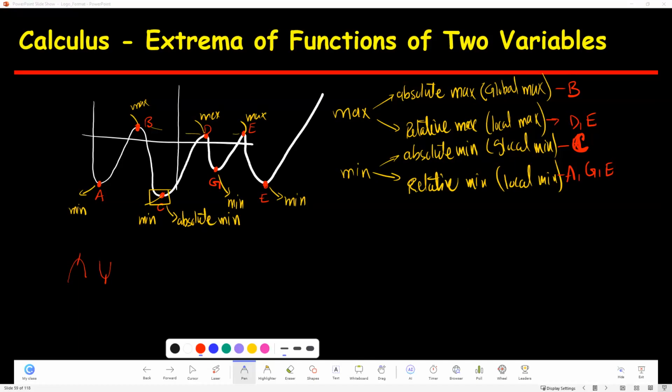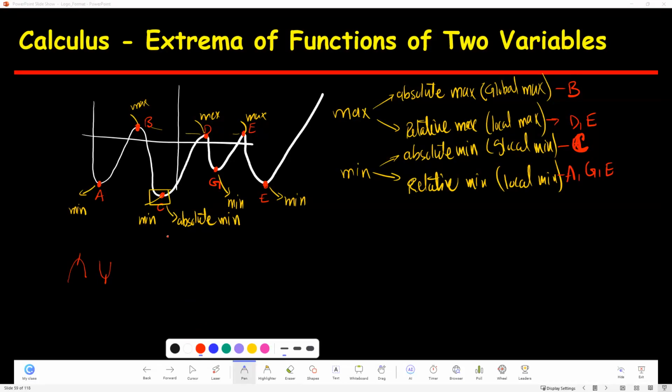Okay. Let's move forward. There is an implication applicable only for absolute points.